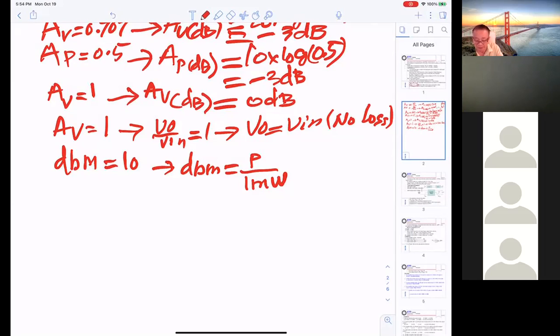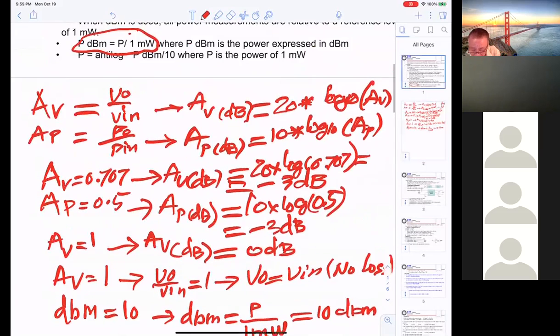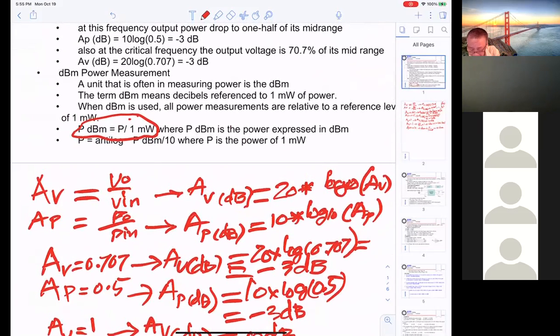Okay. Now see how we can do it. First thing, you can get dBm equal P over 1 milliwatt, and that will be equal 10 dBm. Okay, and the formula will be, sorry here, let's see what happened. Okay, in here they don't say anything.